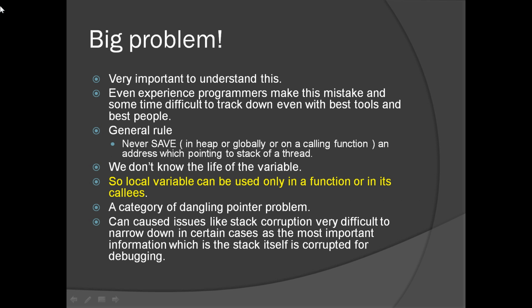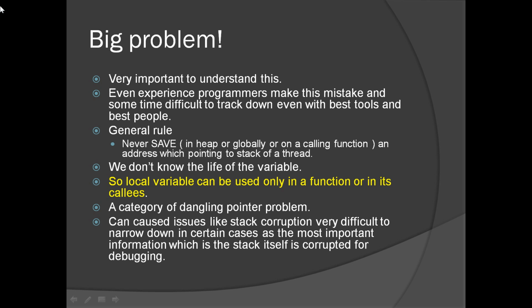If you try to return an address of a local variable from a function, it can lead to stack corruption. If the stack is corrupted, it can be very difficult to debug. The most important information, which is the call stack, will be corrupted. So you'll have to manually build the call stack and see what's going on. Sometimes you won't be able to do that as well. Depends on the nature of the corruption.